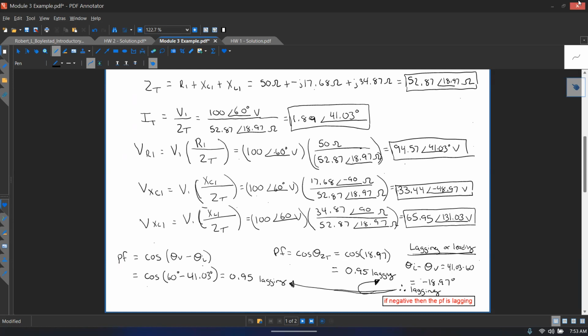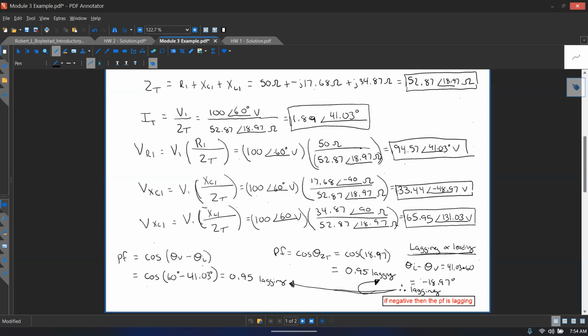We're going to focus on learning that way. So you take the phase angle of your current, subtract the phase angle of your voltage source or your voltage. All right. And this is a minus.